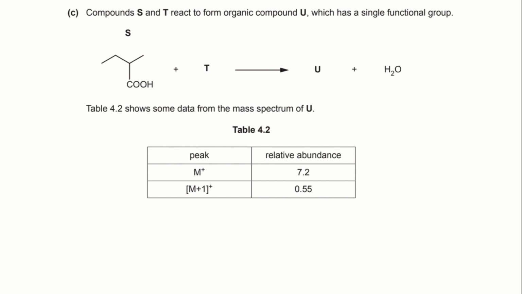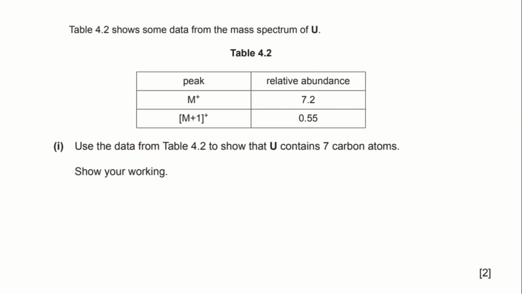Part C will be reaction between S and T to form U. There's some data given to us here for U. It is from its mass spectrum. We have the relative abundance of the M plus peak and M plus 1 peak. We can use this information to calculate the number of carbon atoms in U. Right, the question in part 1 tells us that U contains 7 carbon.